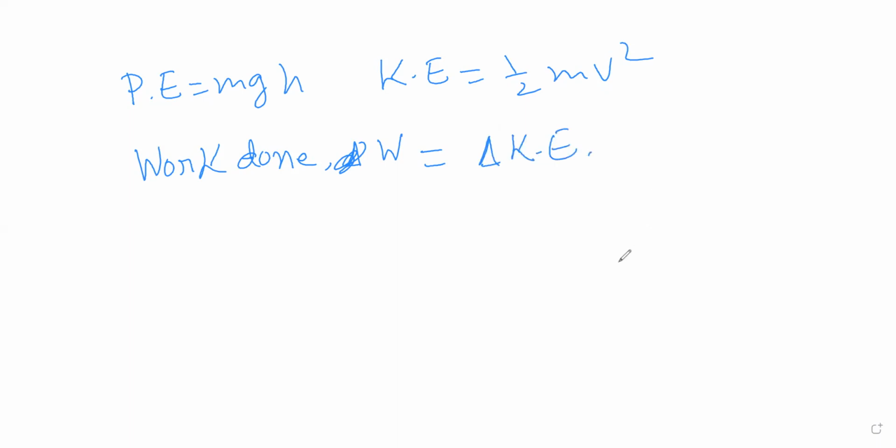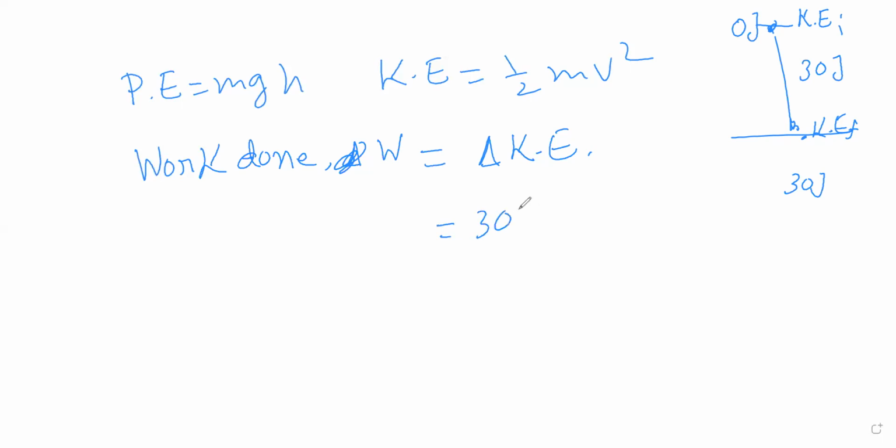If you remember, when we released this from here to there, how much energy was it? It was 30 joule. How do we determine this? This is the kinetic energy initial, and this is the kinetic energy final. Our kinetic energy final is 30 joule and our kinetic energy initial is 0 joule. So the work done is the change in kinetic energy, 30 joule minus 0 joule.